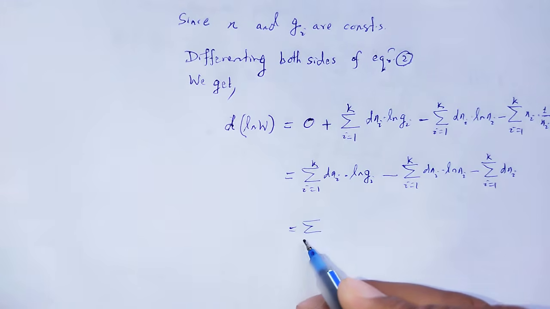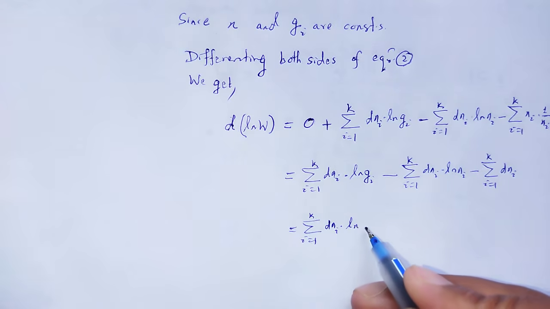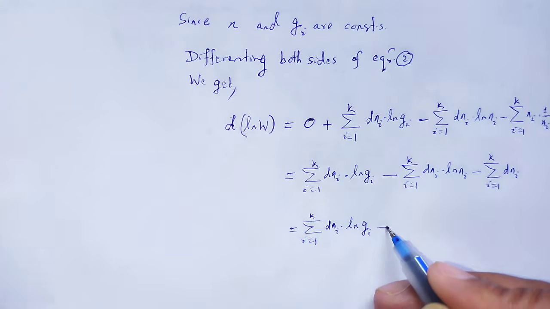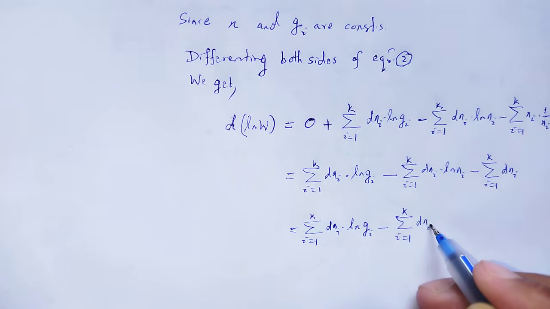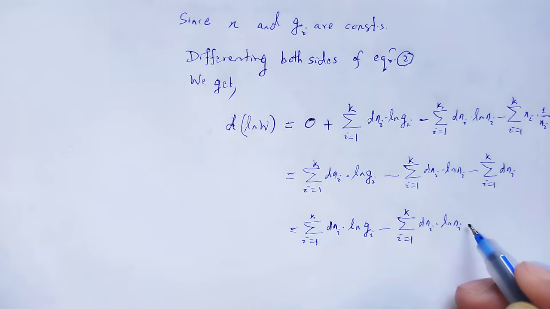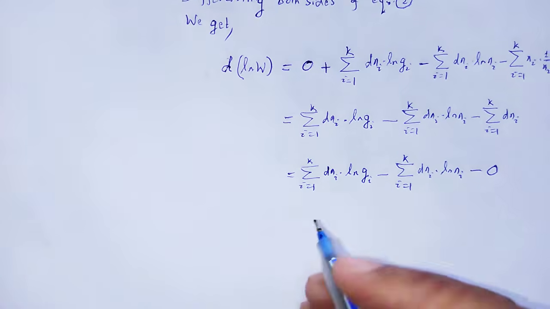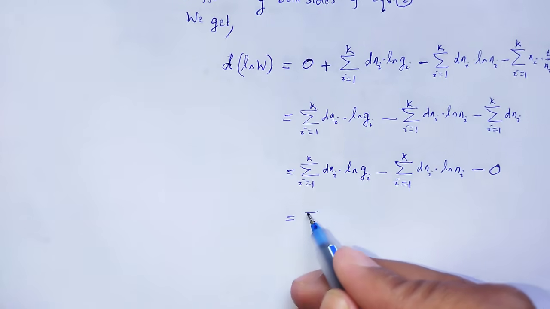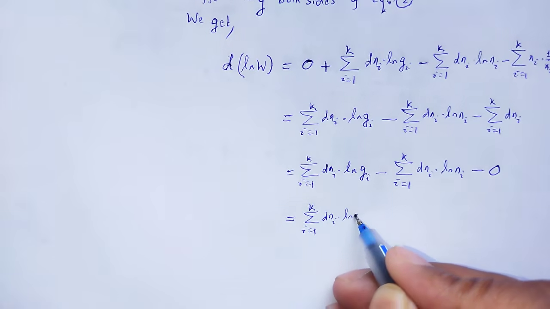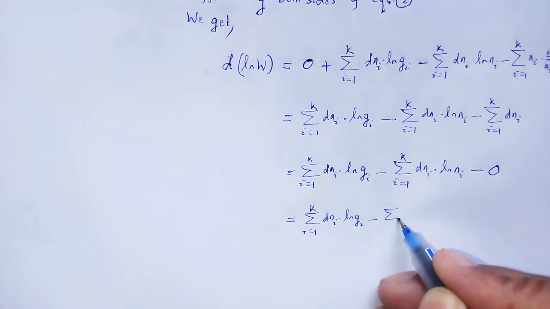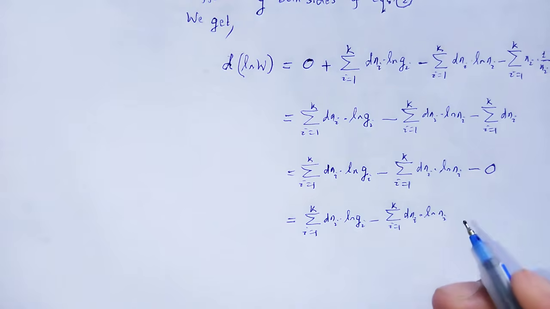So it is equal to summation over i from 1 to k dNi ln Gi minus summation from i to k dNi into ln Ni minus 0, which is equal to summation over i from 1 to k dNi ln Gi minus summation over i from 1 to k dNi into ln Ni.